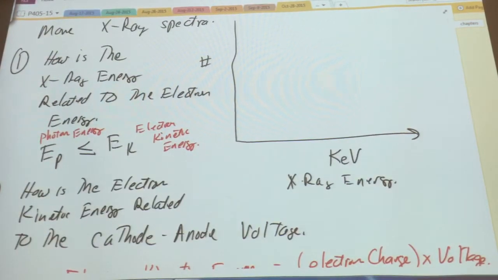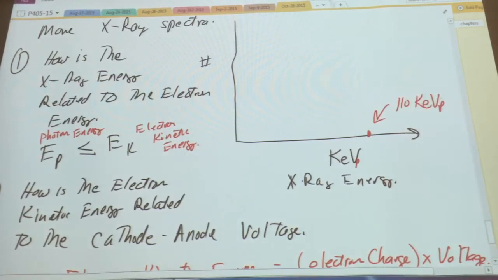All right, so on this graph here, I'm going to put 110 keVp. And this refers to my 110 kilovolt setting. So I turn the machine up to 110 kilovolt setting.